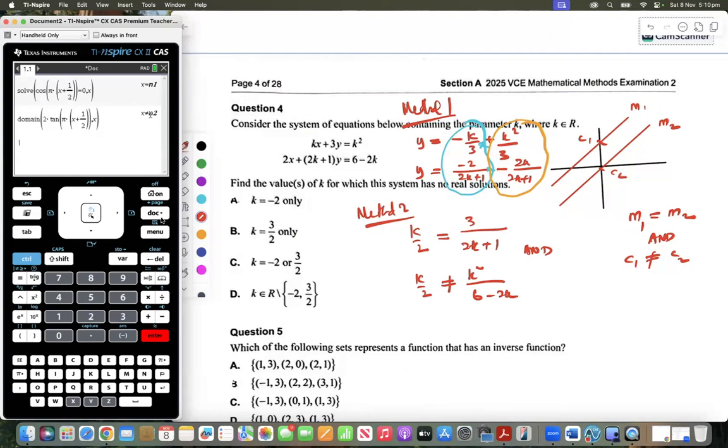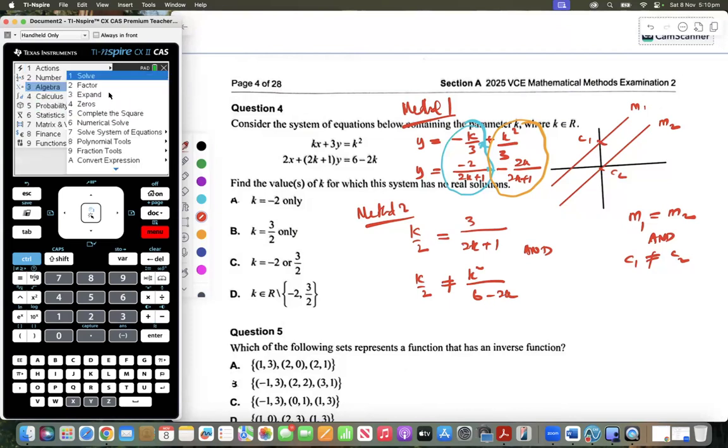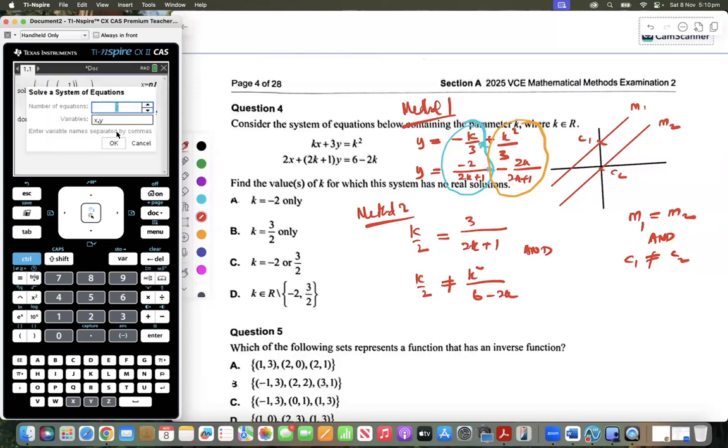I'll try one of the methods, right? I'll go to menu, algebra, solve. I have two equations, right? Actually, these two equations, I have only one value, K. Okay, I have only one value. The first equation should be, let me do it properly.